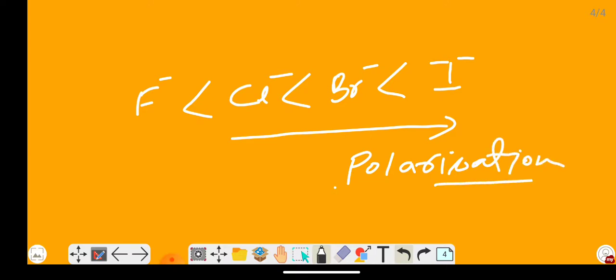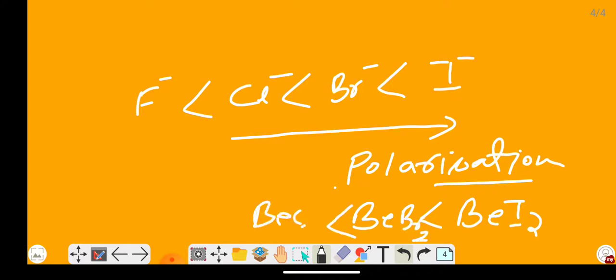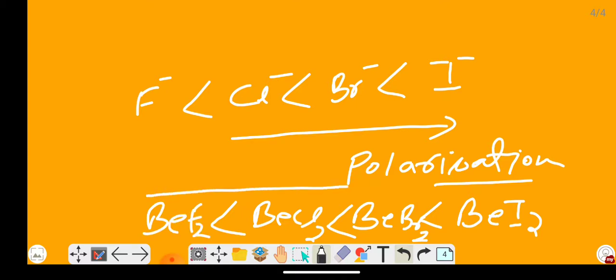In this way, the polarization or covalent character is greater in BeI2, then BeBr2, then BeCl2 and then BeF2. This is the order of polarization, or we can say covalent character.